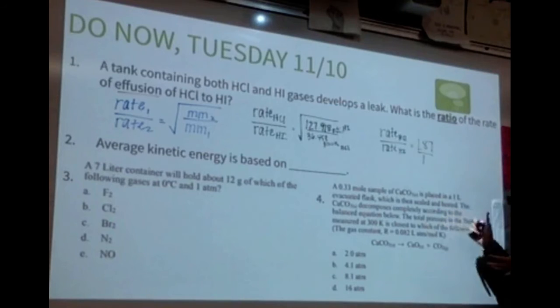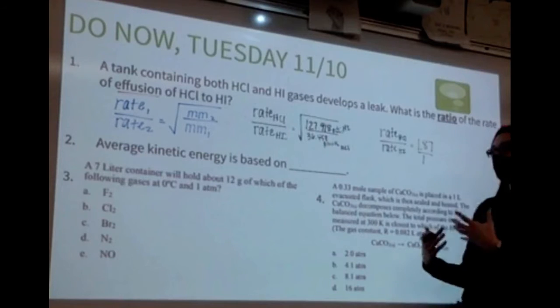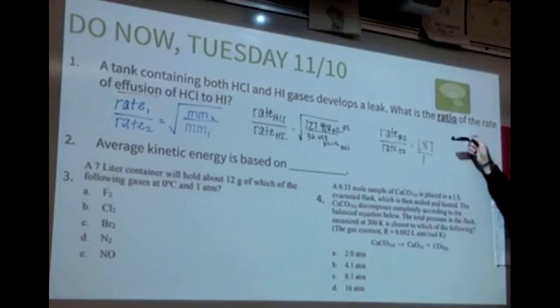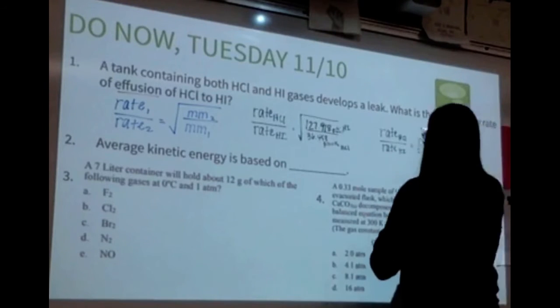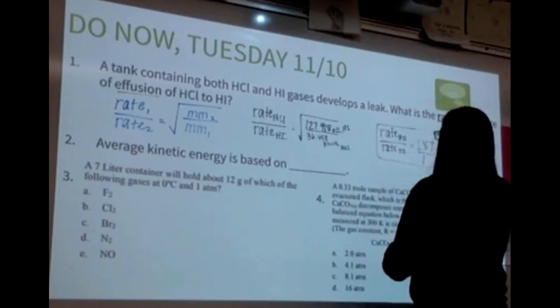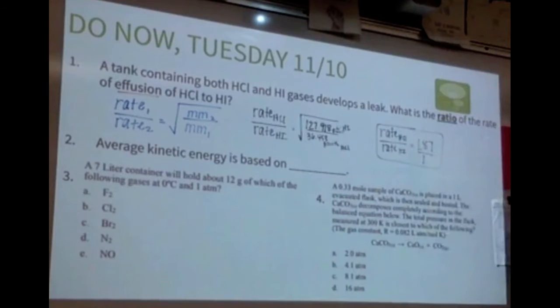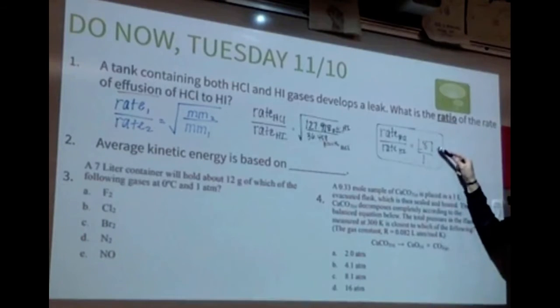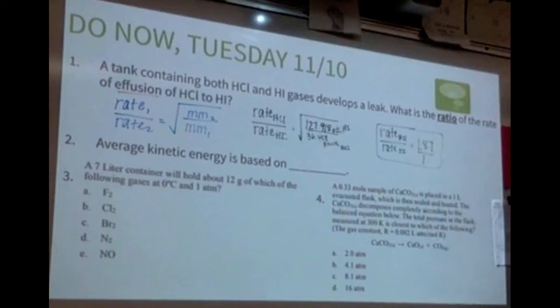The lighter the gas, the faster it's going to move. The heavier the gas, the slower it's going to move. And so this is our answer. You don't have to have over 1, but it helps people to think about how ratios work as fractions. HCl effuses 1.87 times faster than HI.